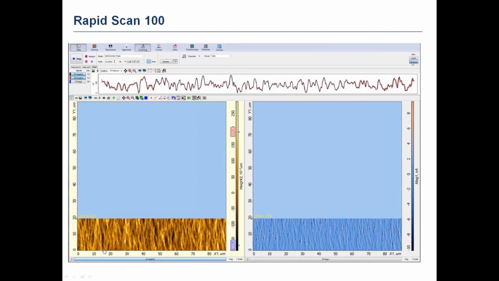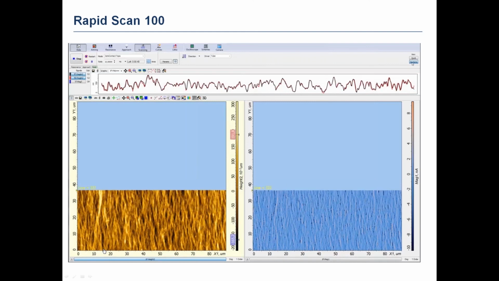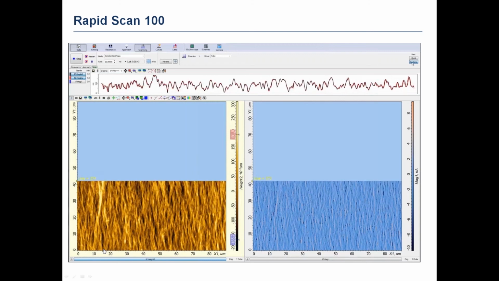By the way, there are 1000 points in each line, because when demonstrating fast scanning in some AFMs, manufacturers usually decrease the number of points in lines in the X direction and the number of lines in the Y direction.